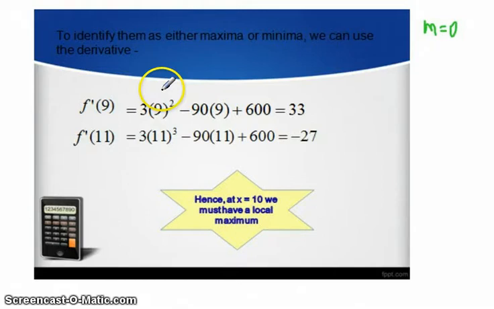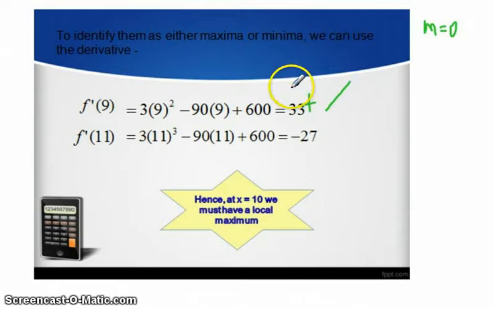After you replace all of the x's with 9, you'll get the value 33. Since the value 33 is positive, that means that your function has a positive gradient, so your function is increasing and going up.